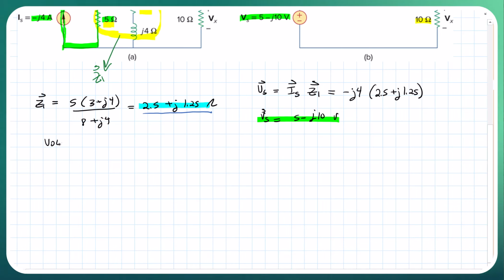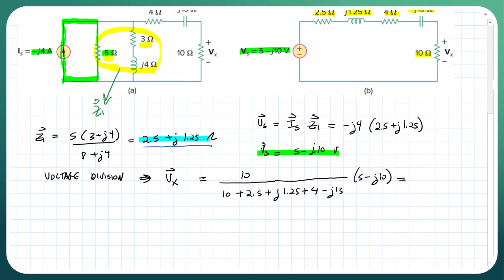So we can use voltage division to get Vx, which is going to equal, let's go up here, you can see the circuit, 10 over 10 plus 2.5 plus J1.25 plus 4 minus J13, all of that times the source, which is going to be 5 minus J10, and that's going to equal, if we do the math, 5.519 at an angle of minus 28 degrees, and this is volts. So this is how we come up with our final answer for Vx.